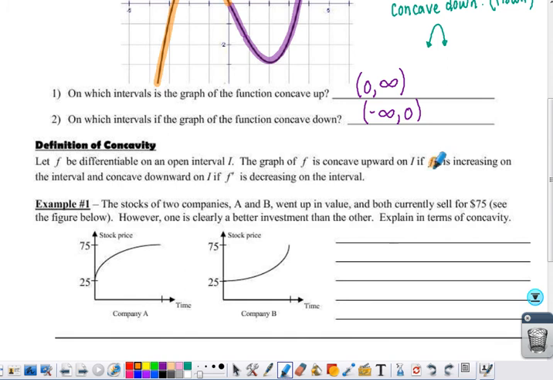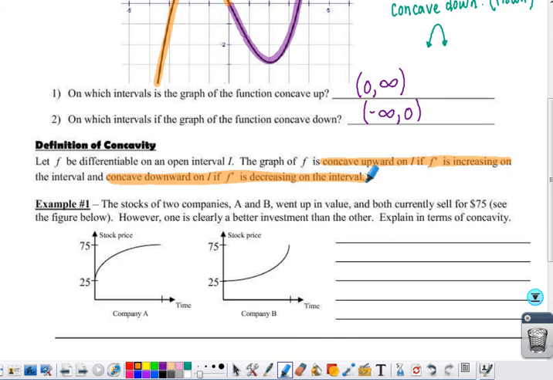So if you have your highlighter, take that. F prime is increasing, so that means you have concave up, and concave downward if f prime is decreasing. So it's very important that you know how a graph is changing as far as increasing and decreasing, and that can tell you other things about its derivative.